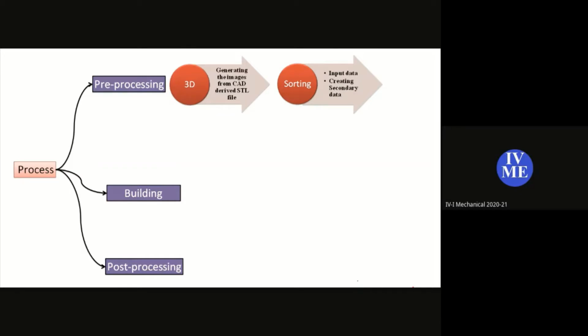After getting this 3D CAD data and generating images, the entering image is nothing but a diagram of the pattern, like an image native file, and then sorting out the data. What is the sorting out of data? Input data and creating secondary data.